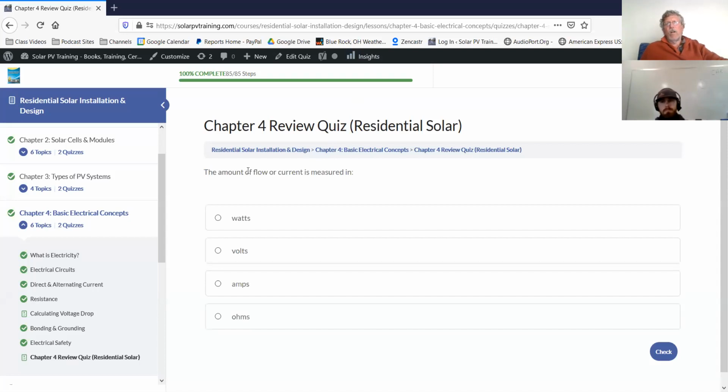All right, so this is all just basic electricity. If you have a background in electrical, a lot of this is going to be review. If not, just shout out any questions you may have as we move forward. The amount of flow or current is measured in amps.